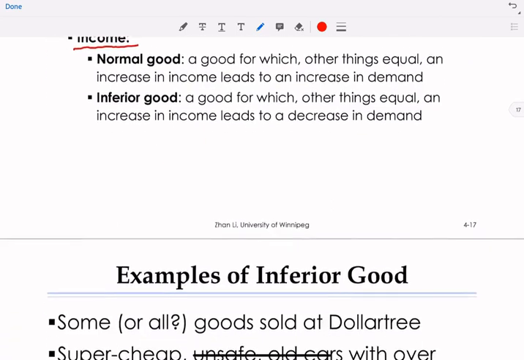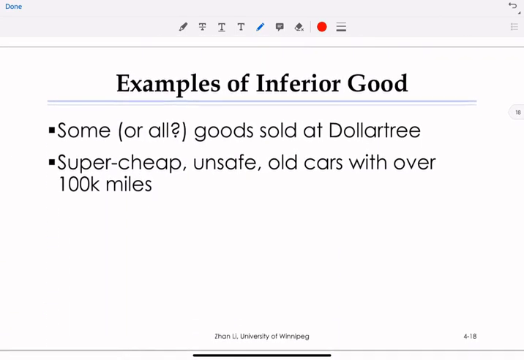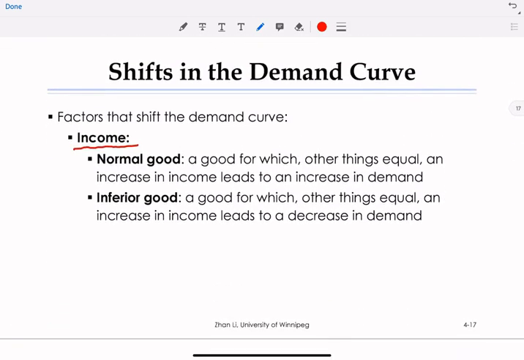Now, let's see. Okay, first, can you think about some examples about normal goods? It should be easy, right? You could actually imagine that most goods are normal goods because when you have higher income, generally you would want to buy more, right?